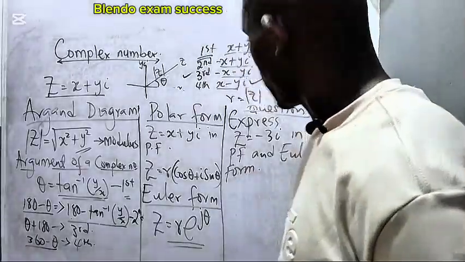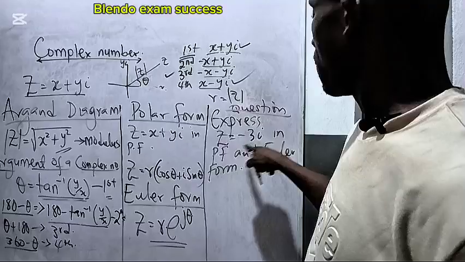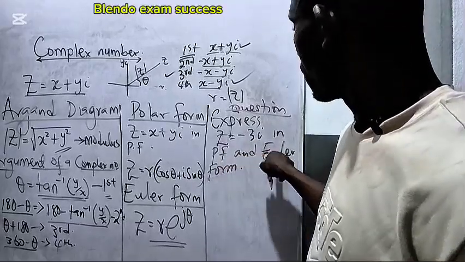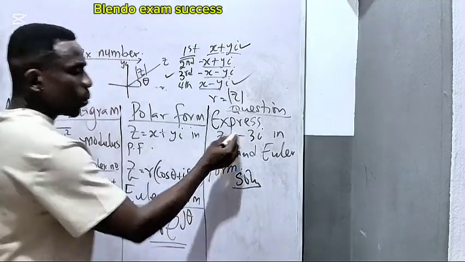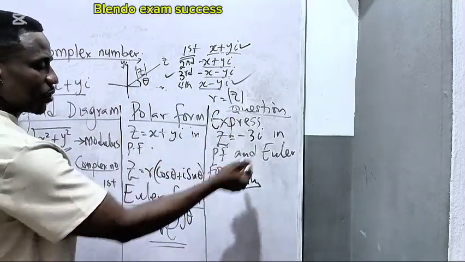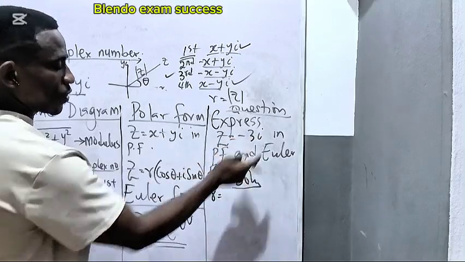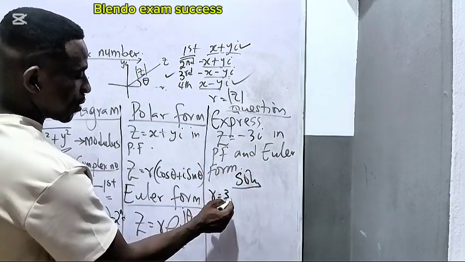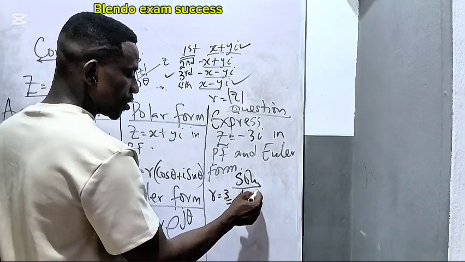Okay, express z is equal to minus 3i in polar form and Euler form. So all we need to do is solution. What is the Argand diagram? What is modulus? So modulus is r, which is the positive coefficient of i, which is 3. So if modulus is 3, arg z is equal to what?